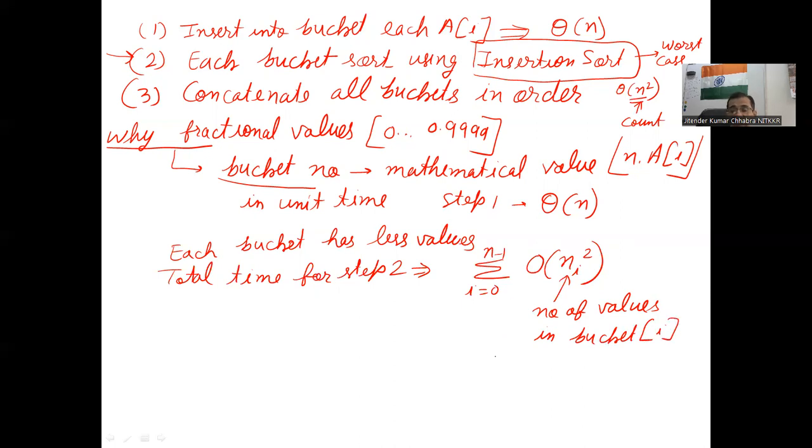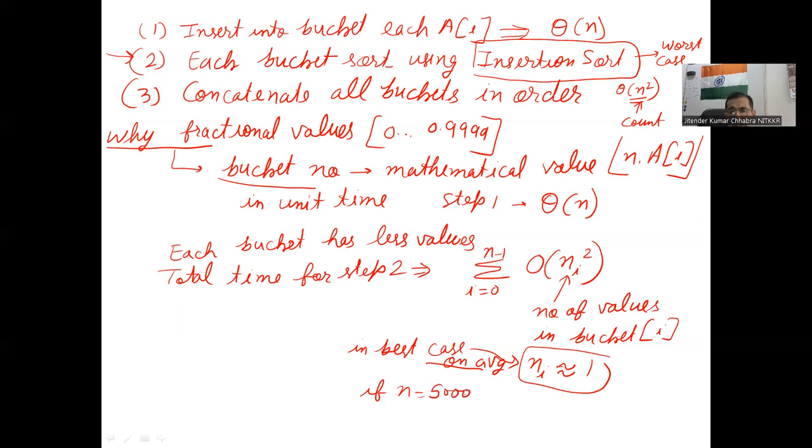And I can expect normally on average, we have already said n_i is approximately, in the best case, if I have the perfect uniform distribution, each n_i is going to be 1. On average, it may not be 1, could be 2, 3, 4, 5. If n is 5,000, I have a total of 5,000 buckets available.